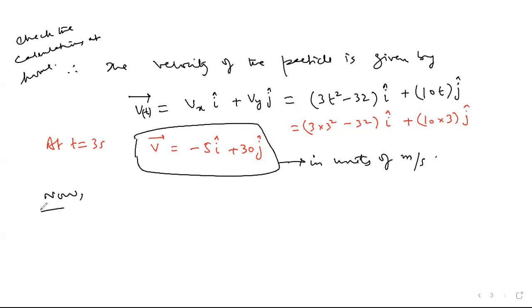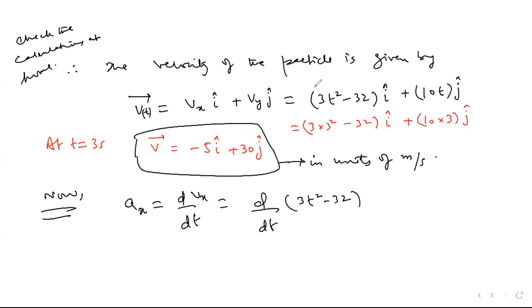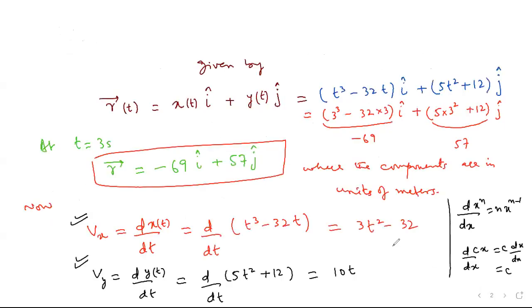So similarly, we find, acceleration is the time derivative of velocity. So acceleration along x, ax, is the time derivative of vx. That is d by dt of what is vx? Our vx is 3t square minus 32.